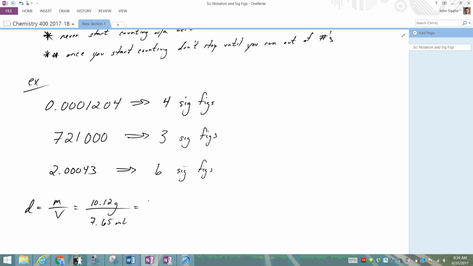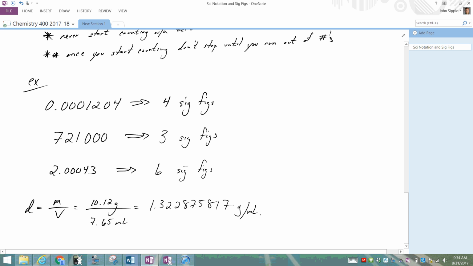See, your calculator will go 1.322875817. All right, and then that's what you're going to give me for an answer, because your calculator sets up. But that's grams per milliliter. I can't forget my units here.